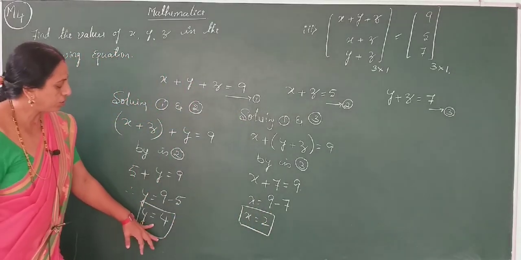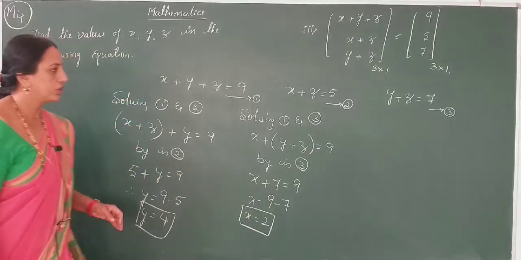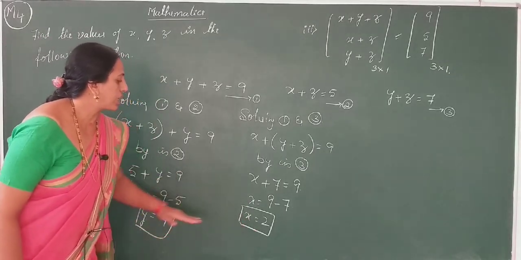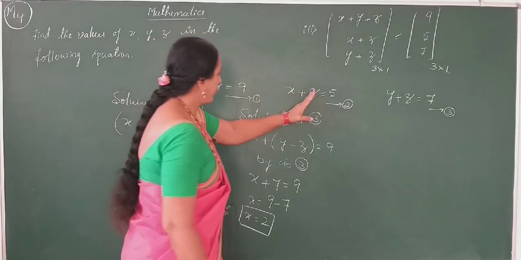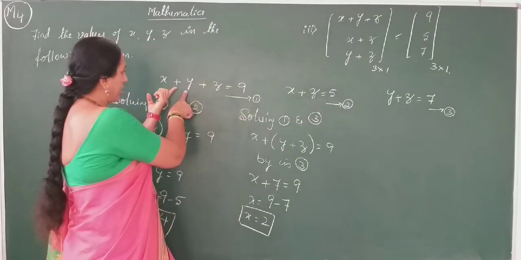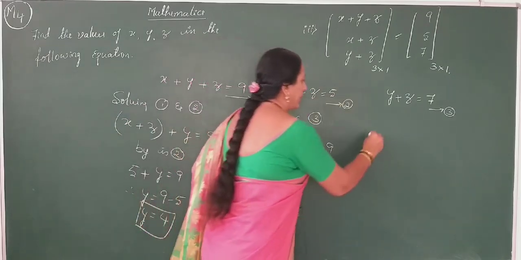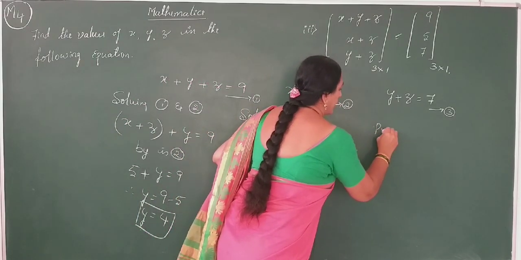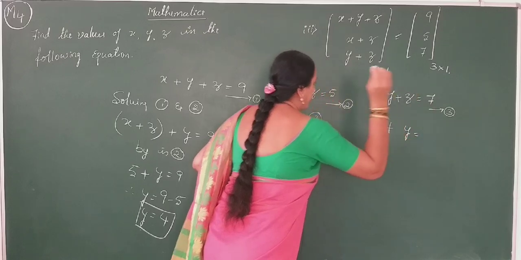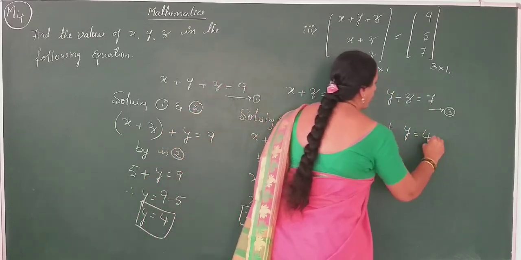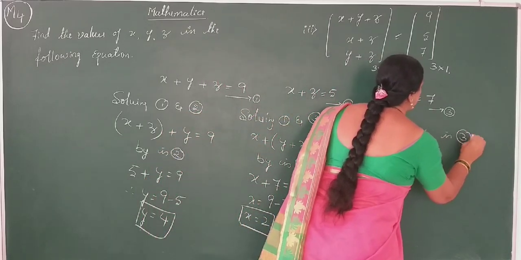So now y is equal to 4, x is equal to 2. If these two values are substituted in any one of these equations, x plus y plus z, otherwise x plus z, otherwise y plus z. Substitute in whichever you like. I am using equation 3. Put y is equal to 4 in equation 3.